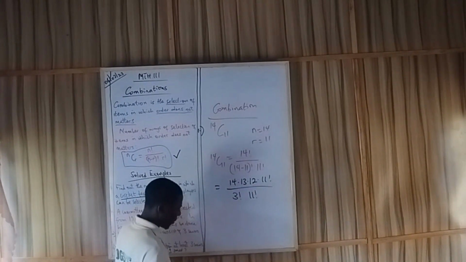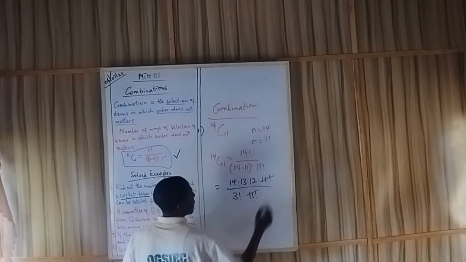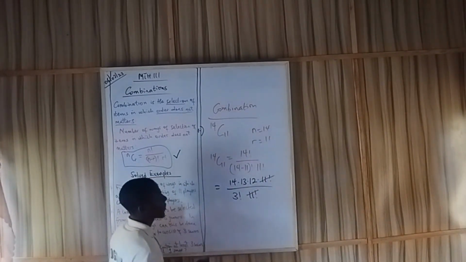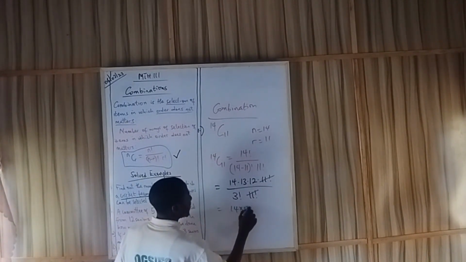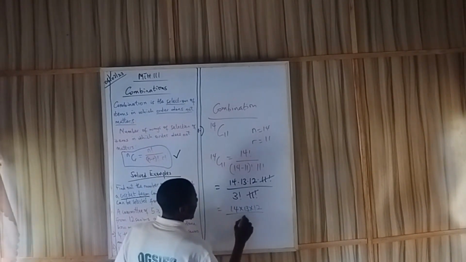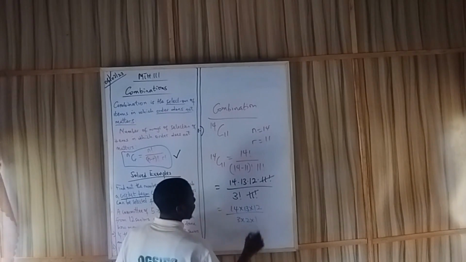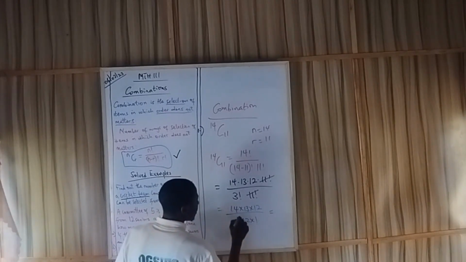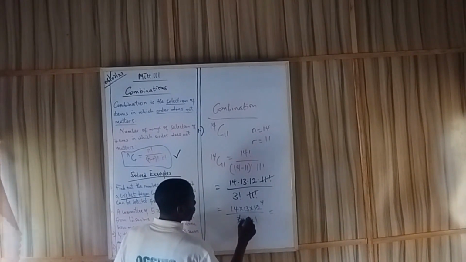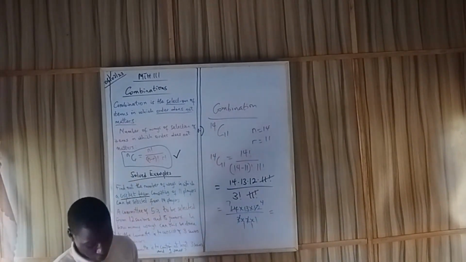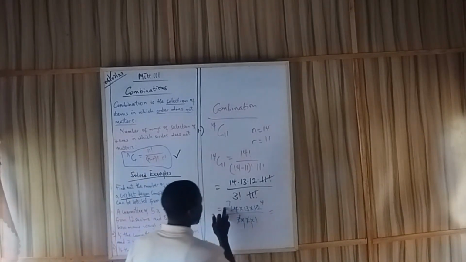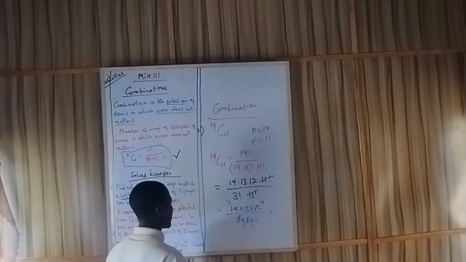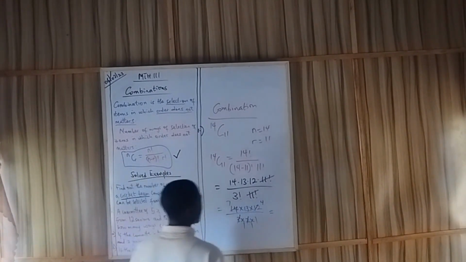So the 11 factorial cancels the 11 factorial, and we'll be having 14 times 13 times 12 over 3 times 2 times 1, which gives us 4 here and 7 here. Then we do the remaining calculation: 7 times 4 times 13, and that gives us the answer.